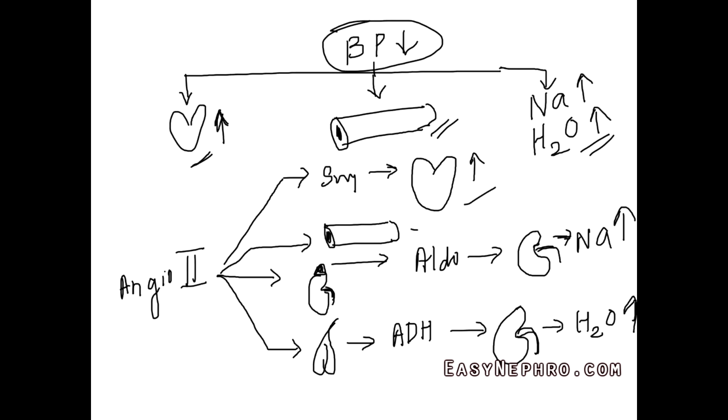Increased cardiac output, vasoconstriction, increased sodium reabsorption, and increased water reabsorption. And the net effect is increased blood pressure. Well, that's all about the very basics of the renin-angiotensin system.